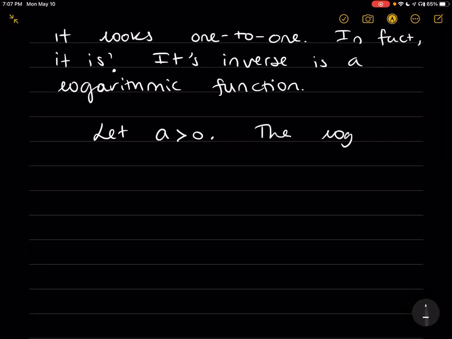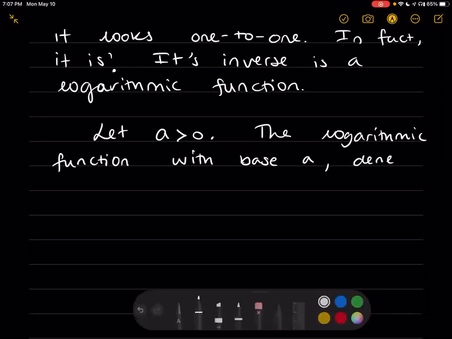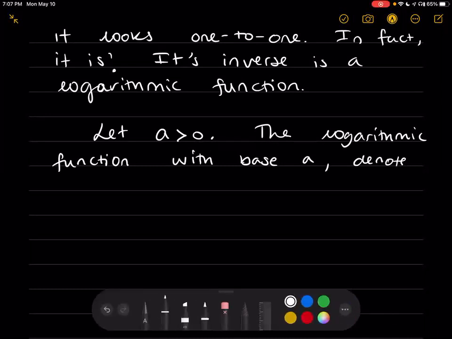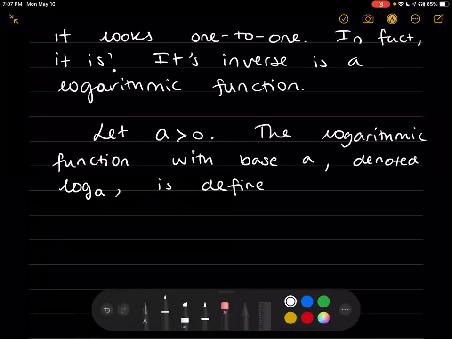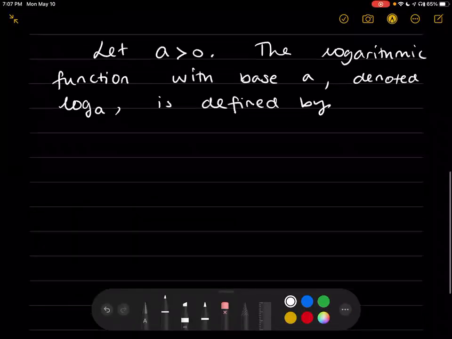The logarithmic function with base a, which is denoted log with a little a underneath, is defined by log base a of some number x.